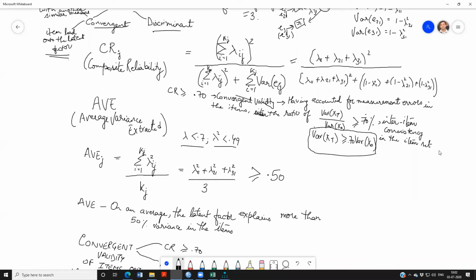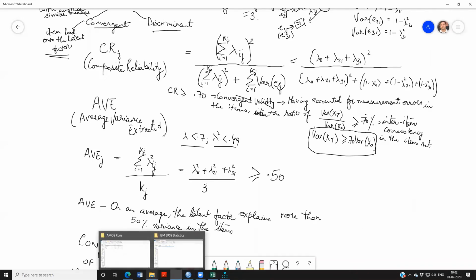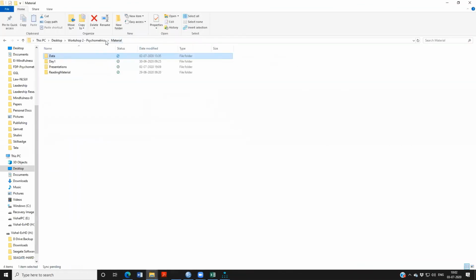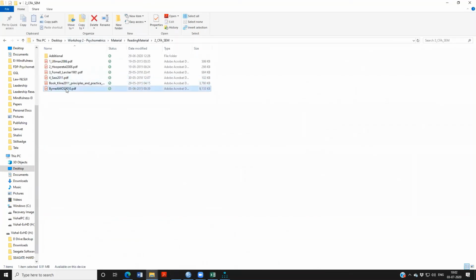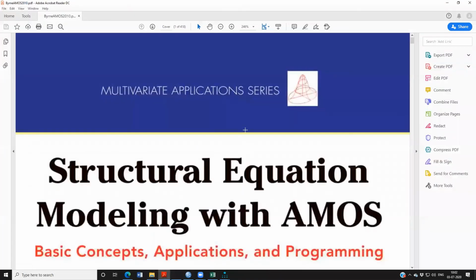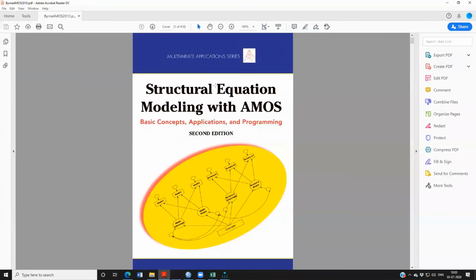Okay, everybody, please read the PDF book, Doing SEM with Amos, and in that book she explains each one of these things. The book has a chapter on how you interpret Mahalanobis distance. This is the book that I was mentioning yesterday.